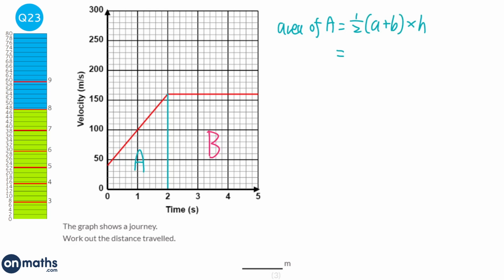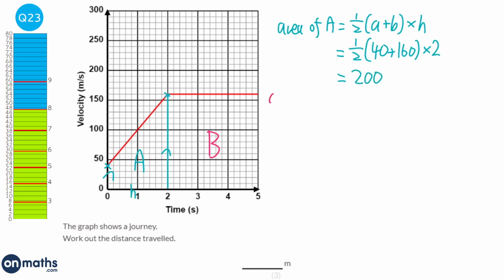The two parallel sides are on the left and the right. So it's going to be half times this part here, which is 40, plus this point here, which is 160. And then the height is actually the width, this bit here, so it's going to be times 2. The half and the times 2 will cancel out, so that would be 200.